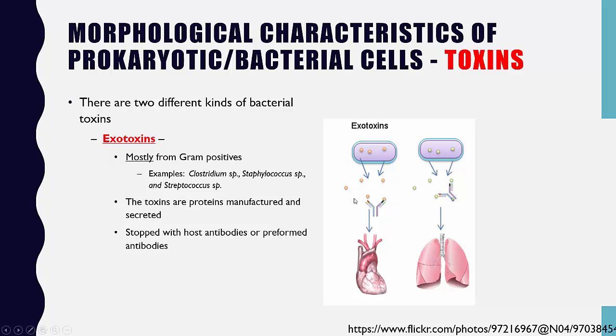This is why we get our tetanus vaccine, because Clostridium tetani makes toxins that will kill us unless we can get antibodies there. Antibodies are good at stopping these. We can take preformed antibodies, sometimes known as gamma globulin. We can make our own antibodies if there's time, but if there's not time, we get preformed antibodies and inject those into the patient to stop these toxins from going to their targets.